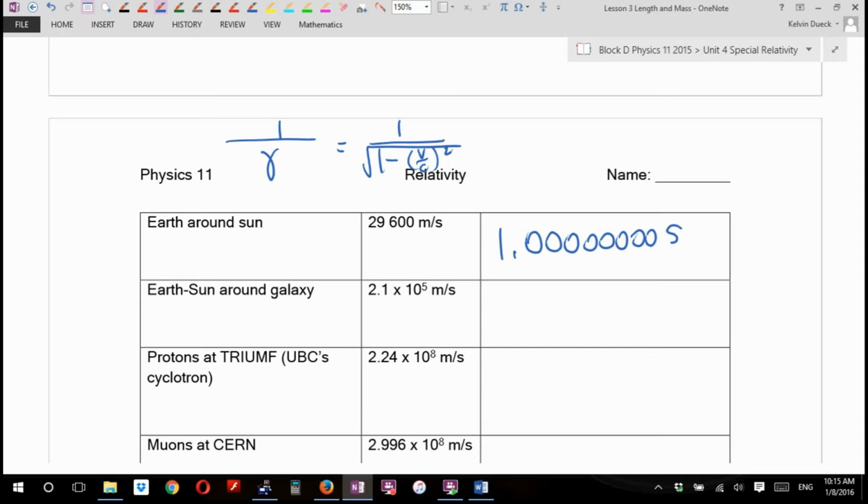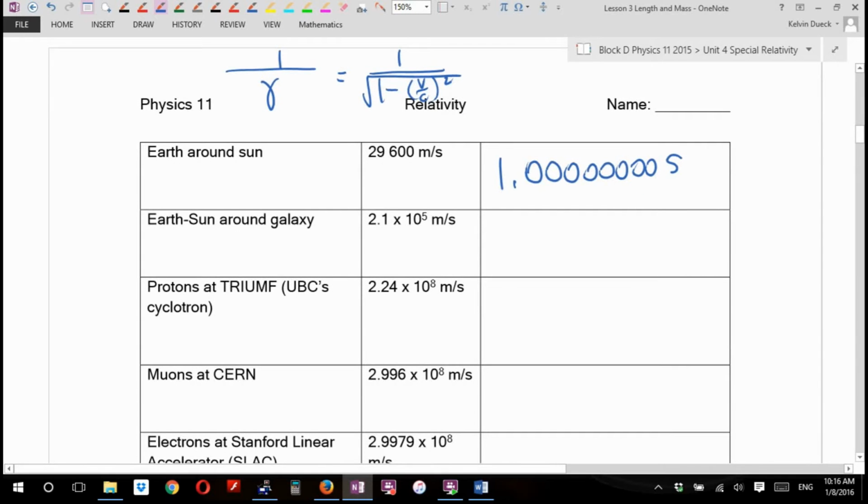Hey, you know what? I looked this up. The Earth and the sun are also moving through the galaxy. How fast? About 2.1 times 10 to the 5th. So the center of our galaxy is standing still relative to us. There is going to be a time dilation between the center of our galaxy and us. How much?